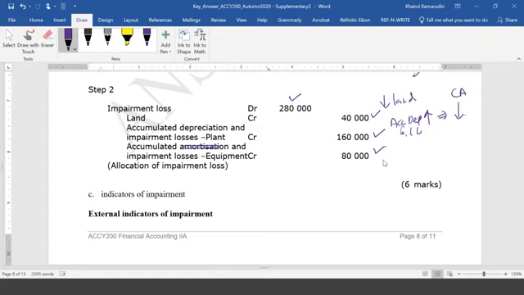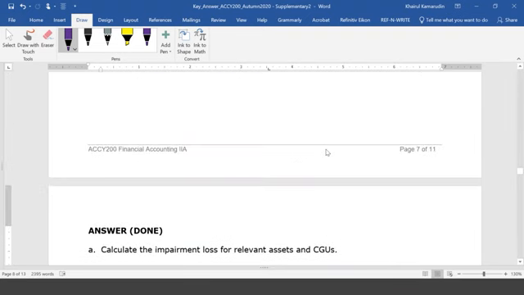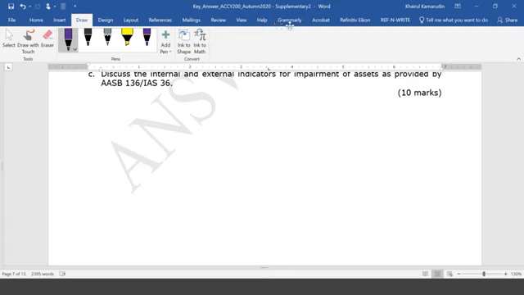The third one is equipment, the same with accumulated depreciation and impairment loss. It will increase the accumulated depreciation, but it will reduce your carrying amount. So this is the answer for these problems. Thank you.